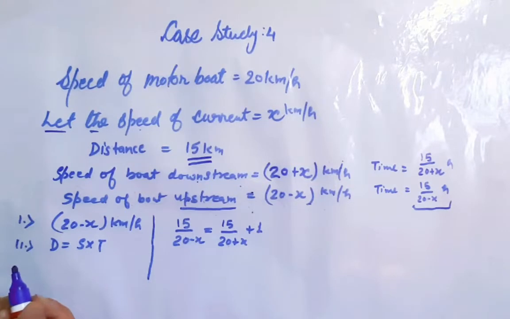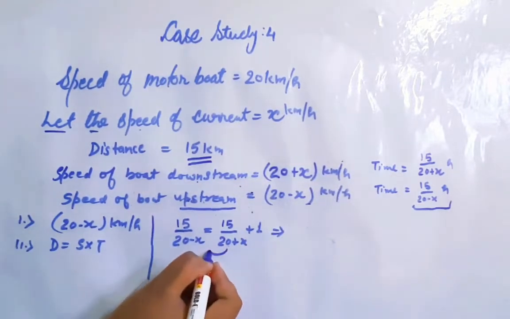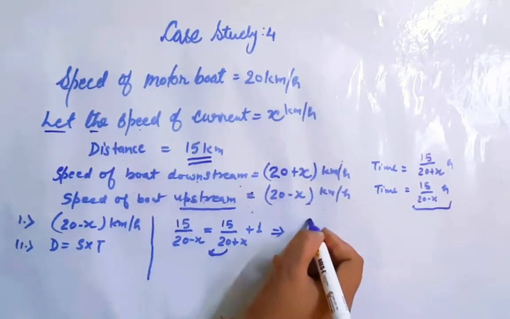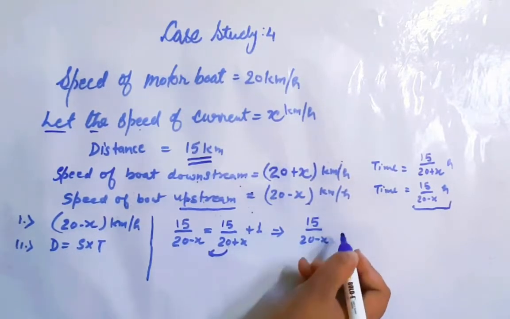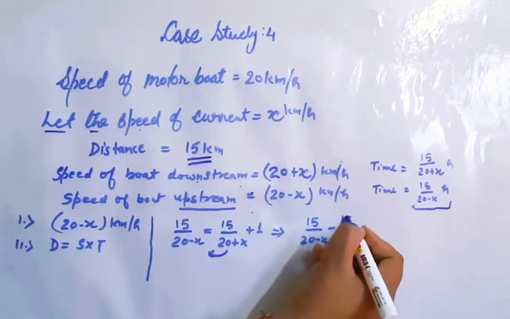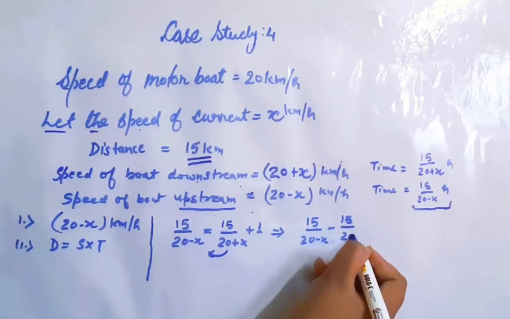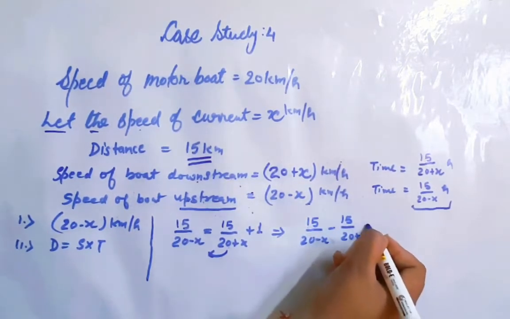So simplify it now; bring this to the left side. This will be 15 upon 20 minus x minus 15 upon 20 plus x equals 1 hour.